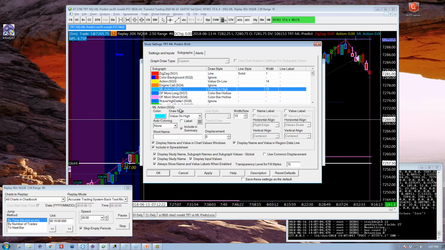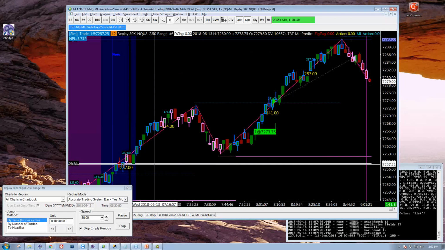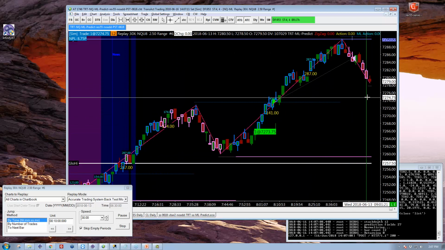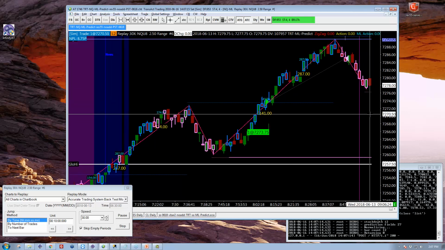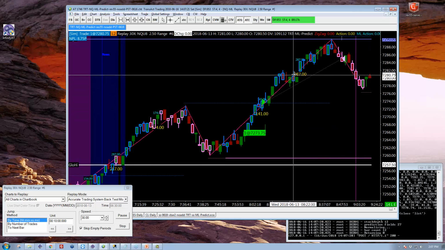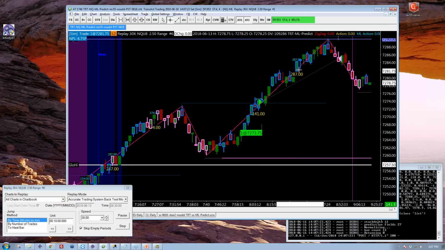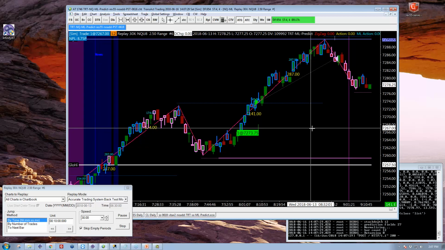We're not taking any actions on it. You'll see once we get to 9 o'clock here, this is running for the 13th, which is Wednesday, we'll stop seeing yellow action codes, but you'll continue to see blue ones, because the system's making a prediction, there's a server call on every single bar.